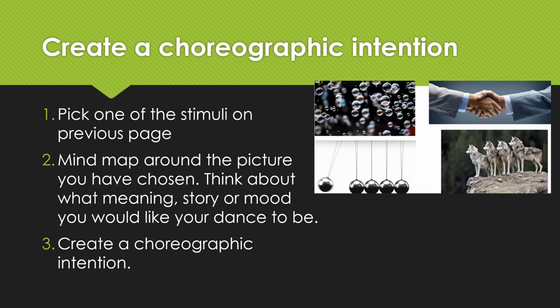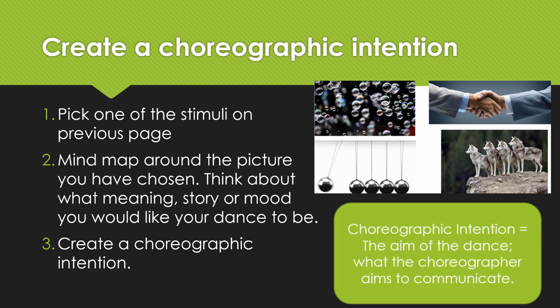So that might include the meaning of your dance, the story, the mood, and so this is just your initial thoughts on what your dance might look like. Then after you've done that, you do need to create a choreographic intention, and this needs to be really clear. Now, a choreographic intention is the aim of the dance, so what the choreographer aims to communicate.